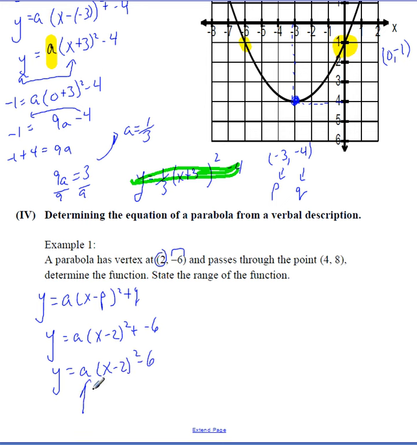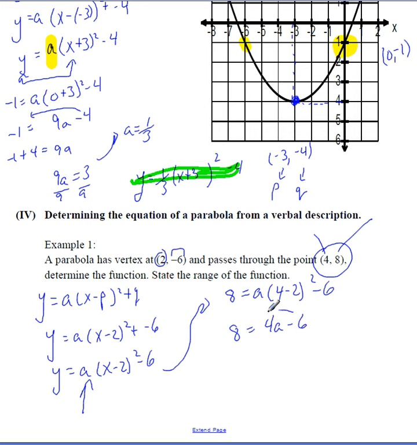Now we need to get a, which is why they told us this point. We'll put in the x value, and then we'll put in the y value. So the y value is 8, the x value is 4. 4 subtract 2 is 2. 2 squared is 4.